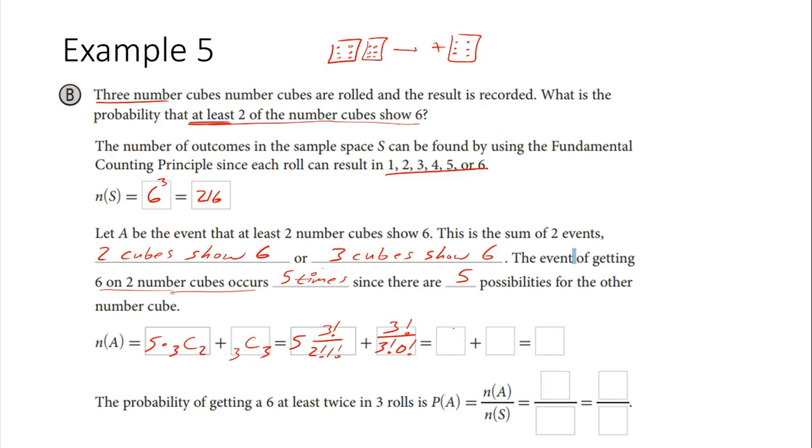Which should equal 15 different ways, plus that one situation that can occur, which gives you 16. If we talk about the probability of event A, there are 16 different ways that we can roll the dice and still get that, out of 216 possible rolls.